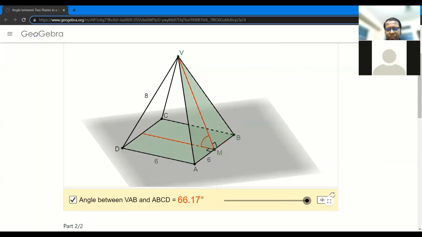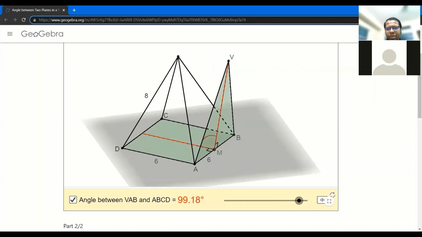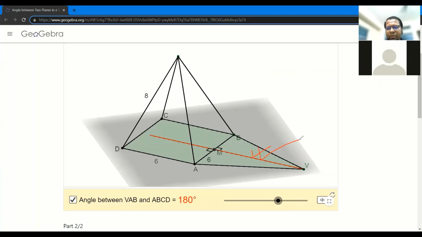Now look at here. I'm slowly moving that VAB plane outward, and the value of the angle is increasing. So now the angle between this VAB plane and the base ABCD is 180 degree. Why? Because it's on the same surface.